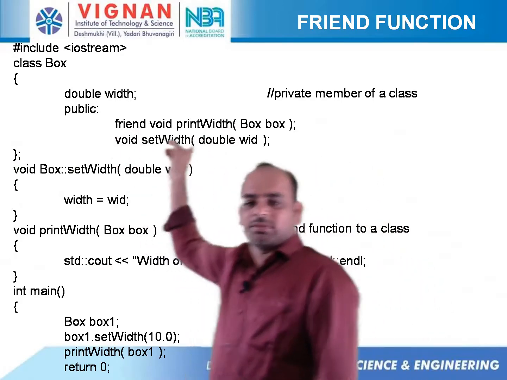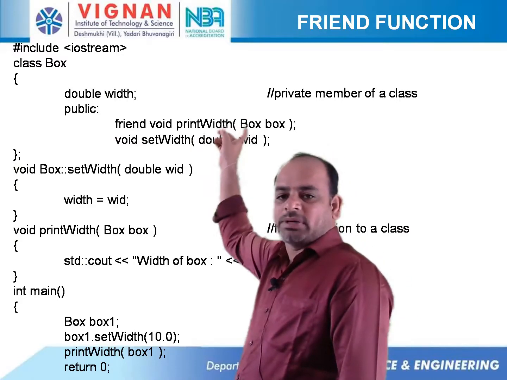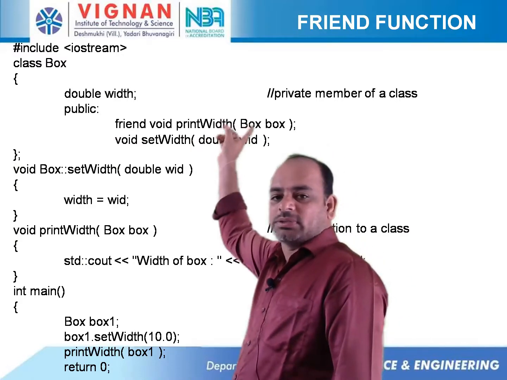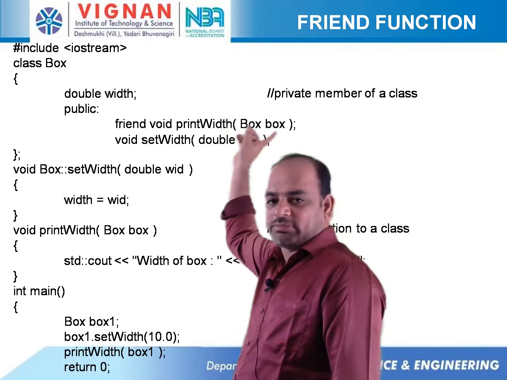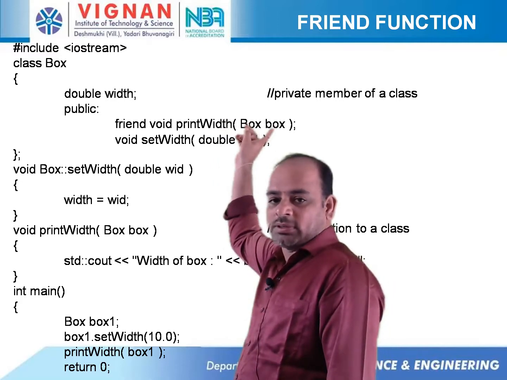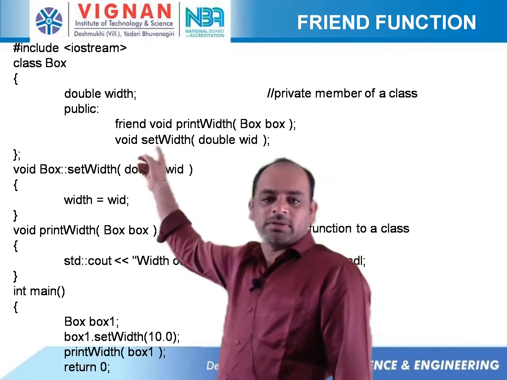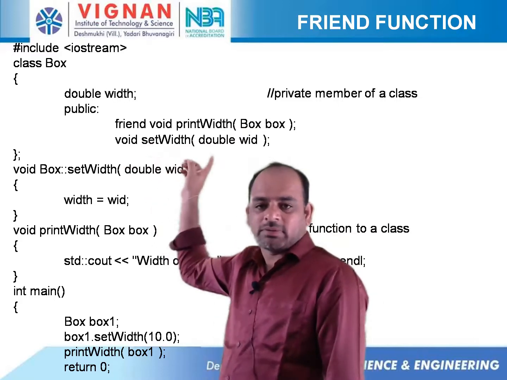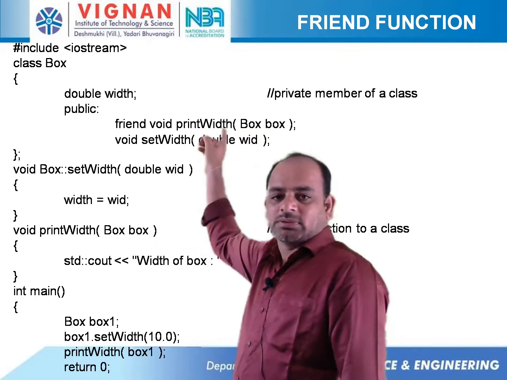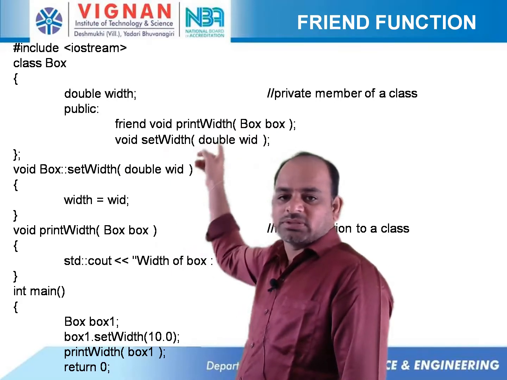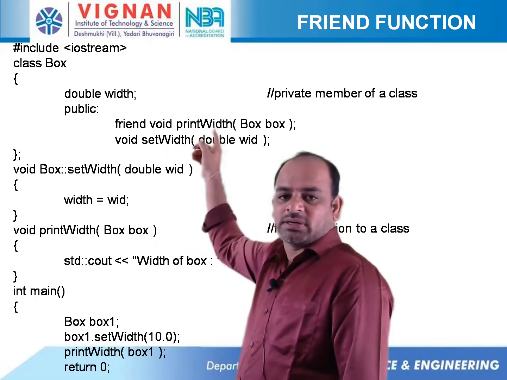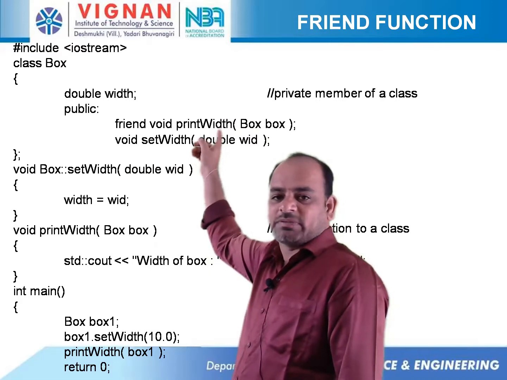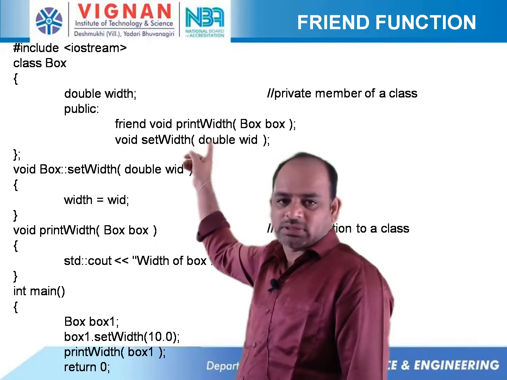It has a parameter that is an object: Box is the class name, and box is an object here. Another function is the non-friend function void setWidth, which has one parameter of type double. So these are two member functions declared in the class Box, but one is a friend function and the other is a non-friend function.